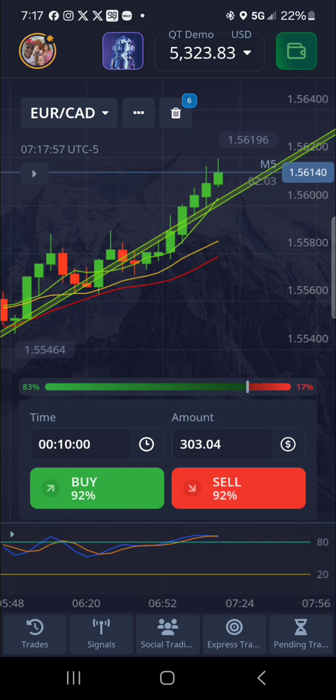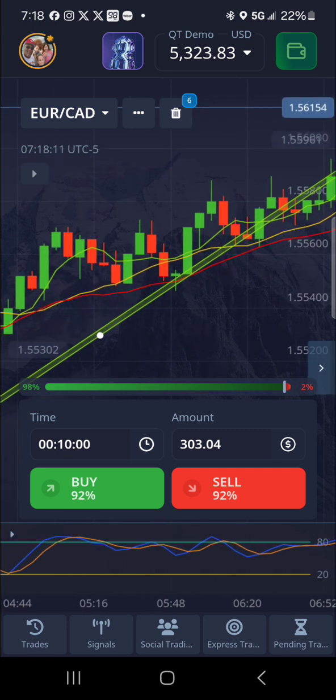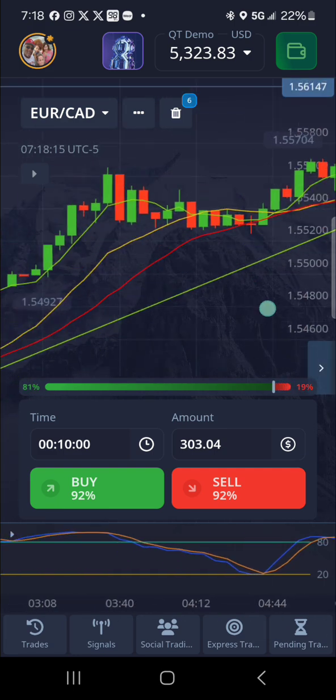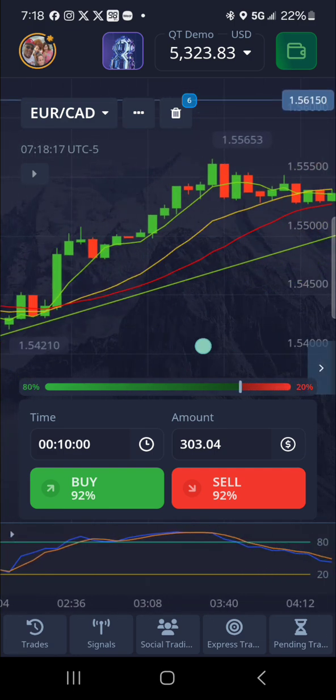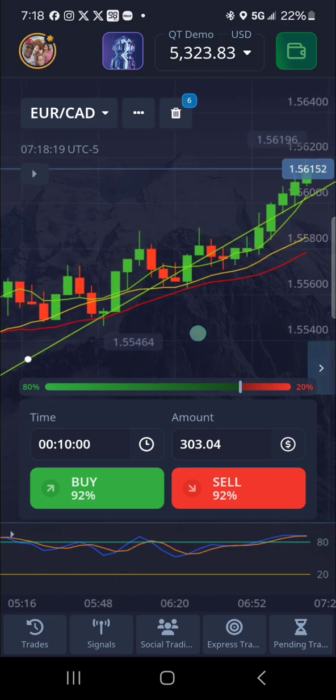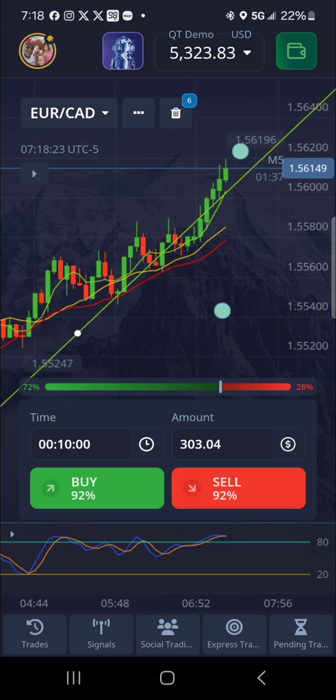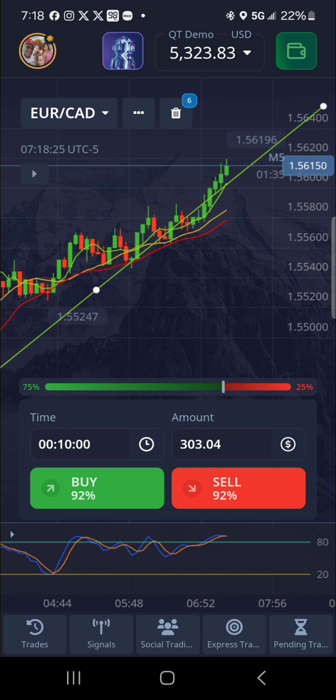All right, so pretty much if it can get back down to this resistance level, then it would be a good opportunity for a trade. Well, actually, hold on. Let me see if I can adjust this line a little bit. Now that we're seeing.